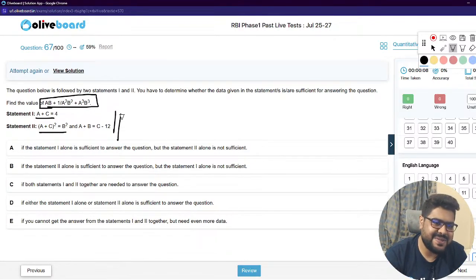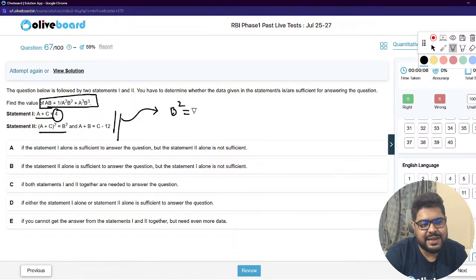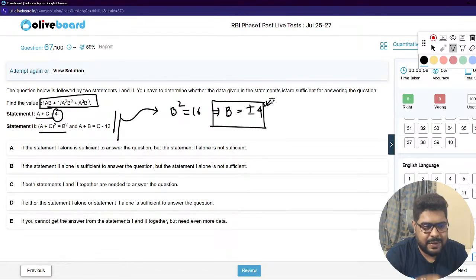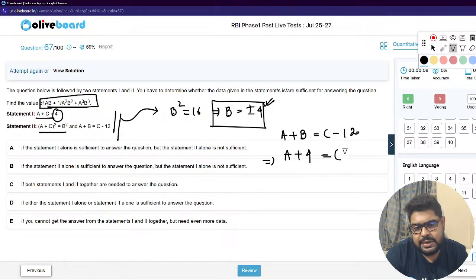Let's see today. A plus C whole square. A plus C whole square means 4. So B square is 16. B should be, sir, plus minus 4. This should be given. Now A plus B equal to C minus 12. B is plus minus 4. So if I put plus 4, that is C minus 12.